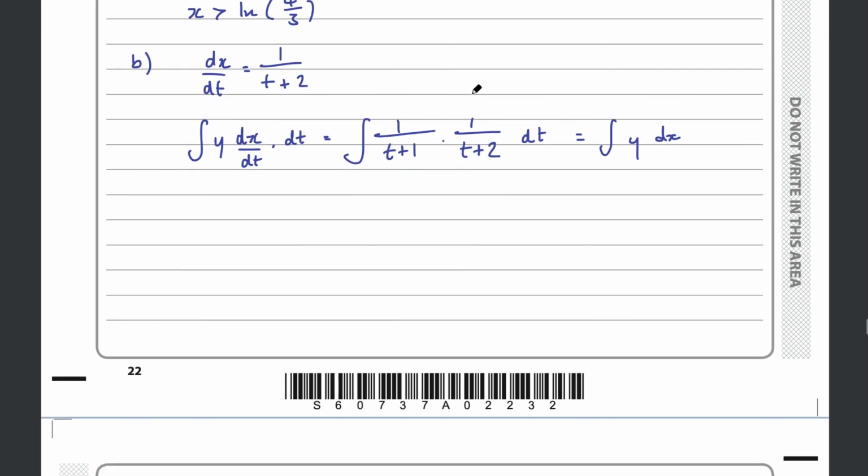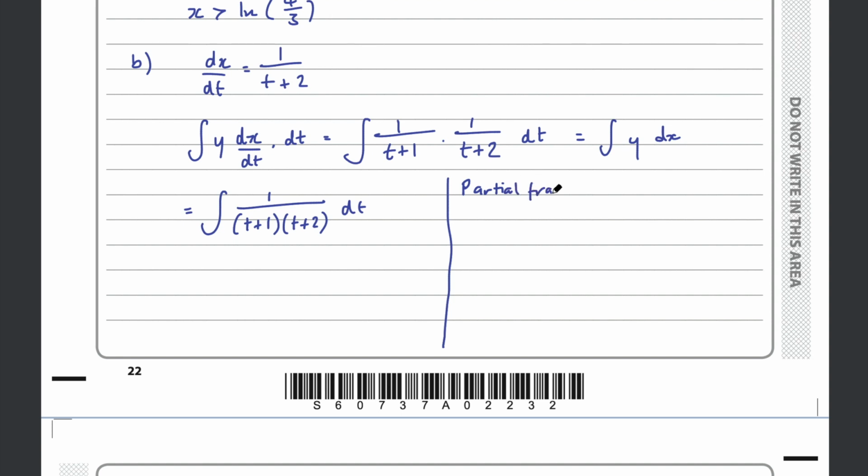So let's continue with this. We're looking for this integral now, 1 over t plus 1 multiplied by 1 over t plus 2, which is equivalent to saying the integral of 1 over t plus 1 times t plus 2. Now this is going to be difficult to integrate, but if we change this into partial fractions, then it's going to be a lot easier.